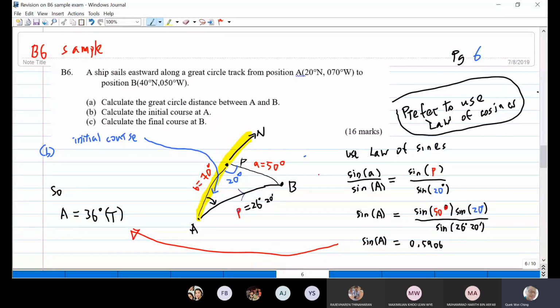But if you use the law of cosine, it always gives you one answer, and that is the only answer. So just a side note here. So this is the basics here.